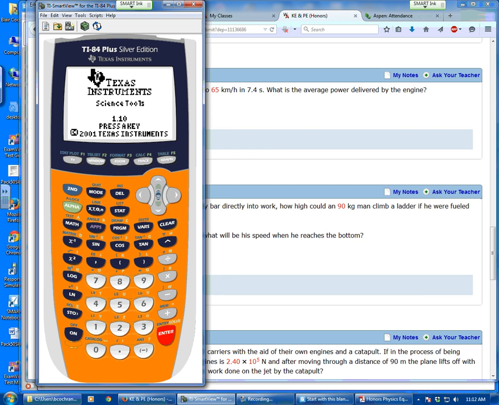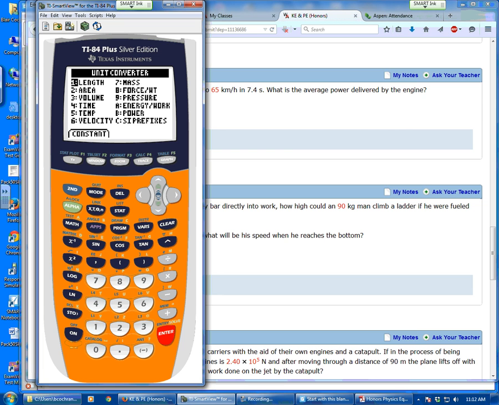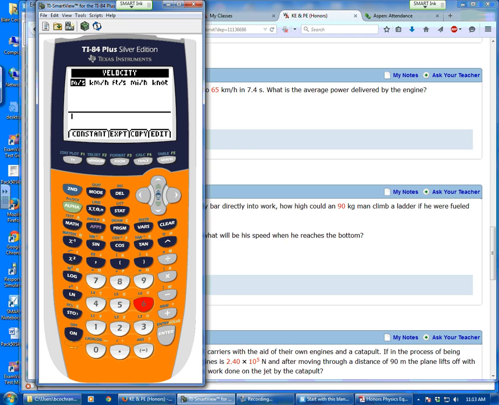And then you can hit any key. And what we want to use is number 2, which is the unit converter. And the unit we're changing is velocity. So you can either arrow to velocity or hit the number 6. And what you have to do is put in what you have and then tell it what to convert to.